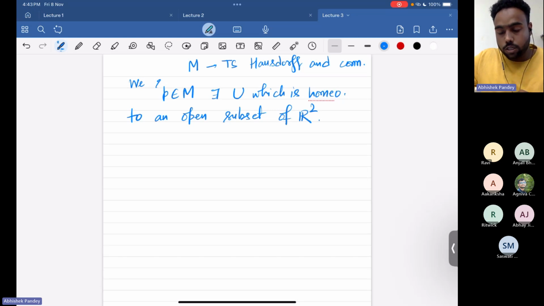Now, for a smooth structure, we need the transition maps.